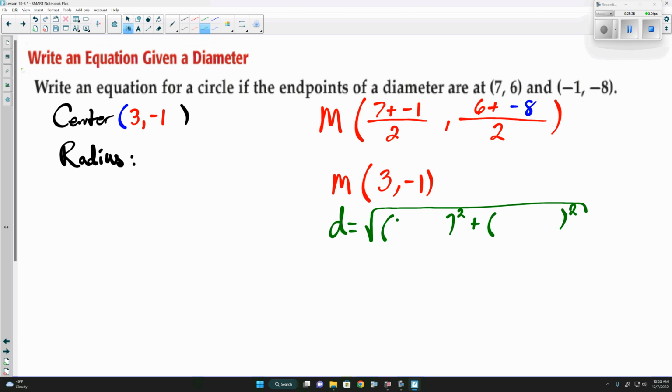And I can use 3, -1. I can use the point for the center. And that's one of the points I would use, because I would go from the center to one of the endpoints. It doesn't matter which one we pick, we just need to pick one of them. Do we want 7, 6, or -1, -8?